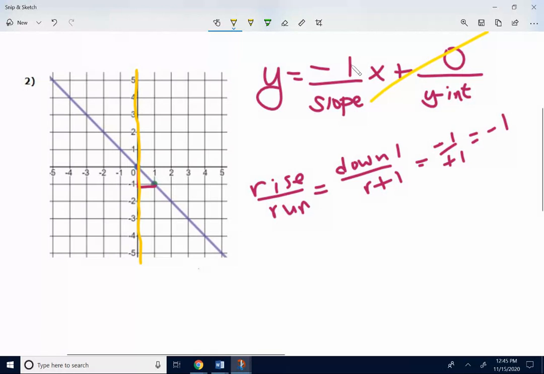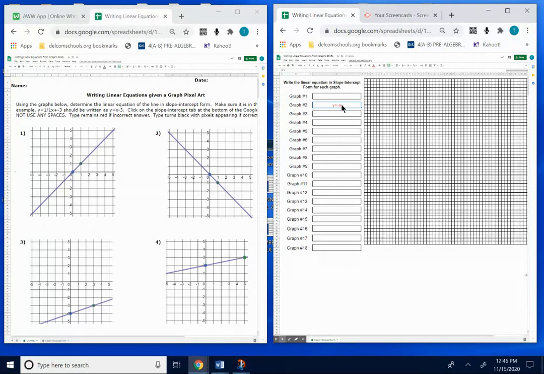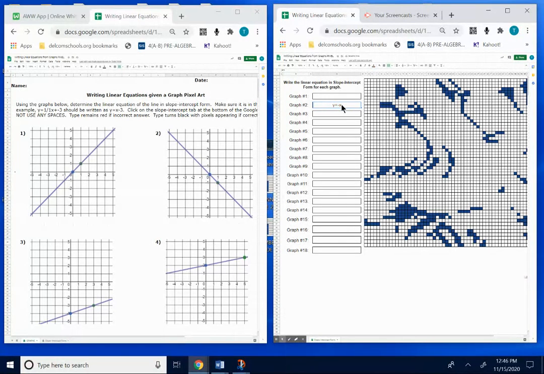So I'm going to leave that 1 off. So my equation is y equals negative x. Okay, y equals negative x. So when I go to type that in, okay, this is problem 2. I'm just going to type y equals negative x. Click enter. And I'm going to get, if I did it correctly, see, I'm going to get some of my picture to pop up.